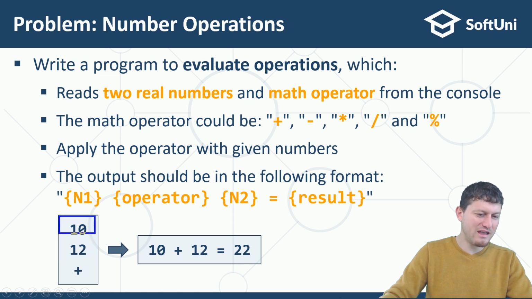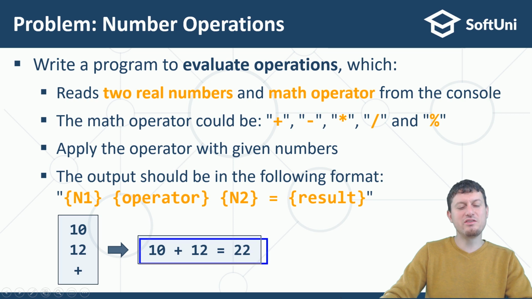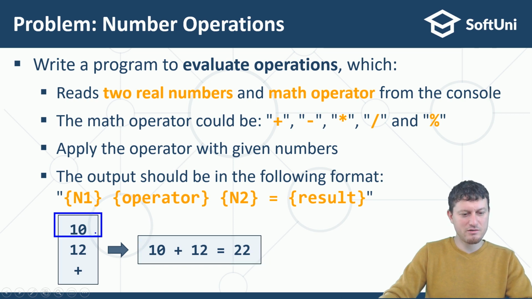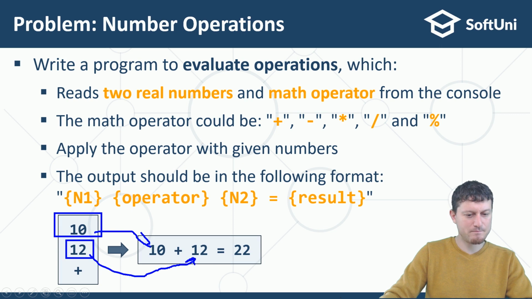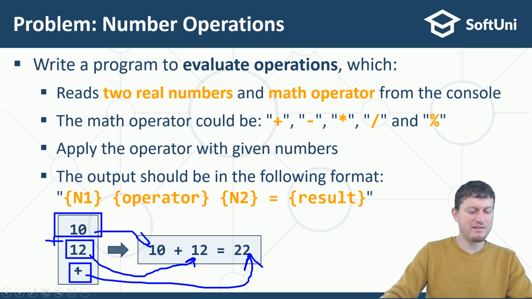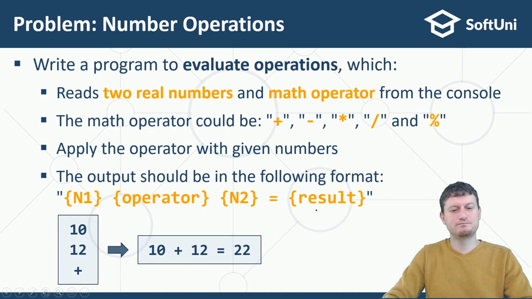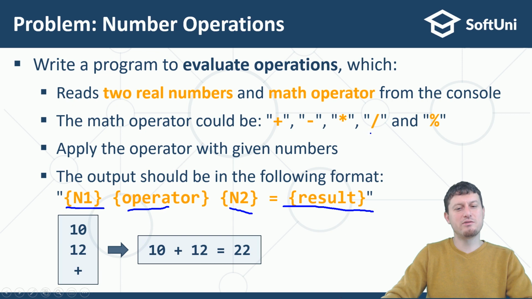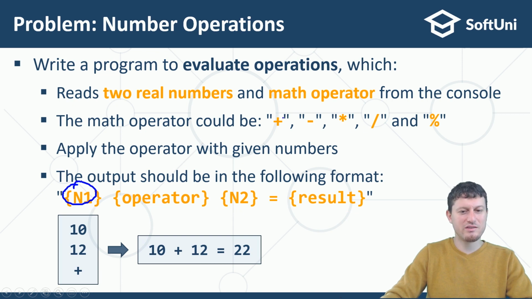If we have 10, 12 and percent, we need to calculate 10 percent 12. And this is the output. The first number goes here, the second number goes here, and the third number, and the result of first operator second goes here. Number 1 operator number 2 equals the result, where the result is this, the operator this.